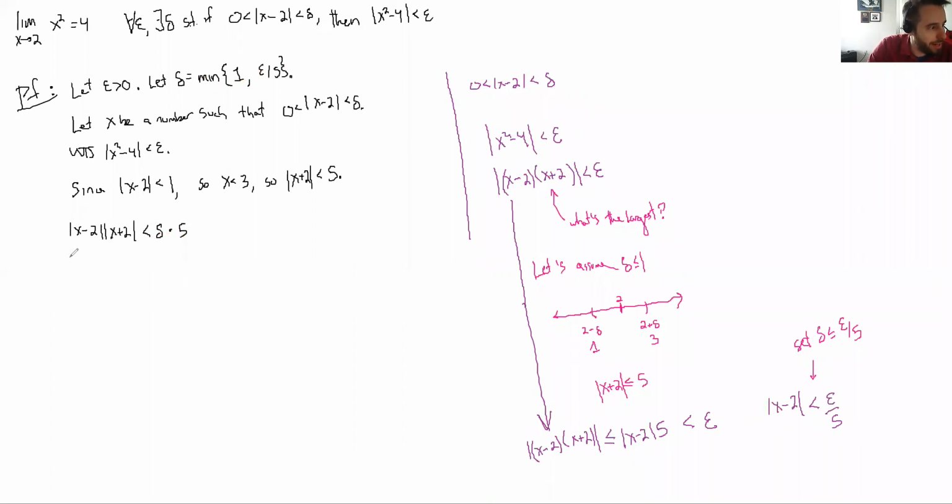And so on the left-hand side, we get |x squared minus 4|, and on the right-hand side, we get less than epsilon over 5 times 5. And so we get that |x squared minus 4| is less than epsilon, which is exactly what we were trying to show.